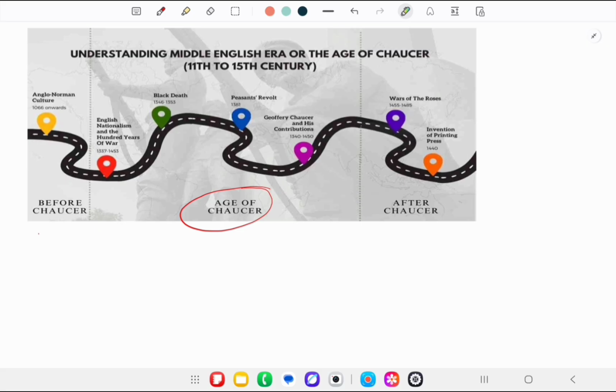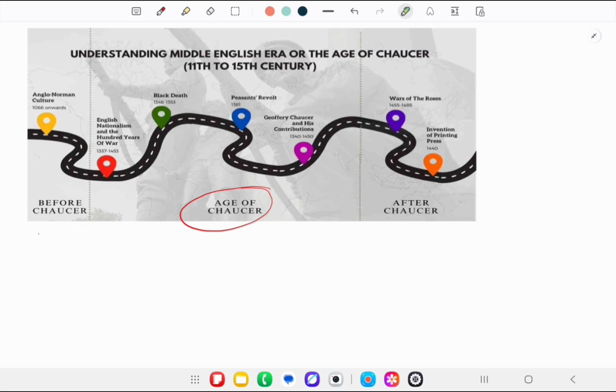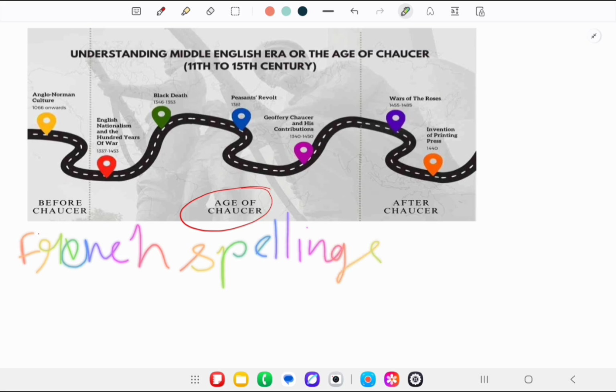Normans preferred Latin alphabets and spellings, which further consolidated French spellings and conventions.